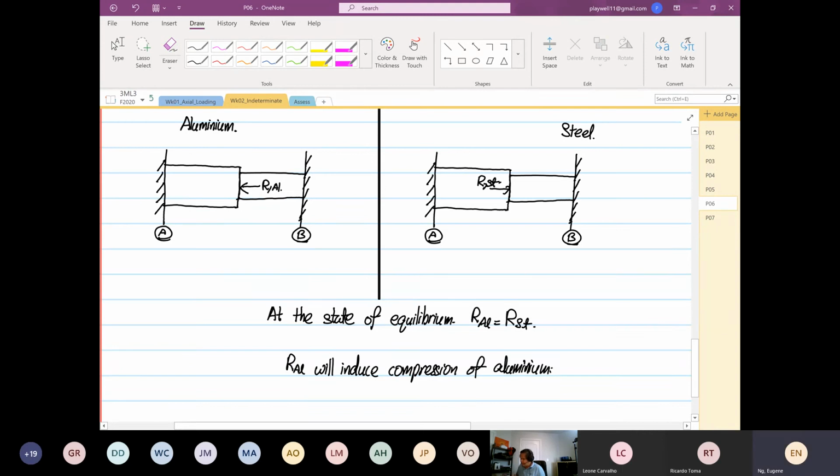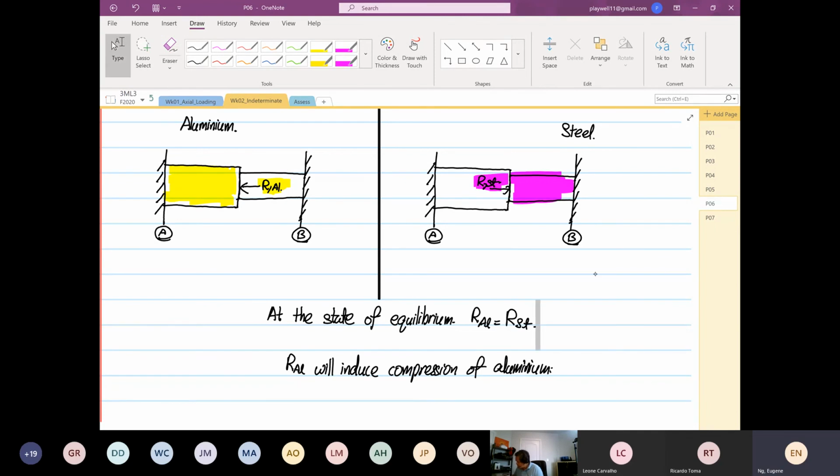This is your aluminum, so the reaction on aluminum will induce compression. Then if you look at your steel, the R of steel will also induce compression.